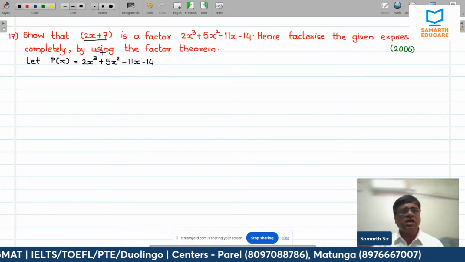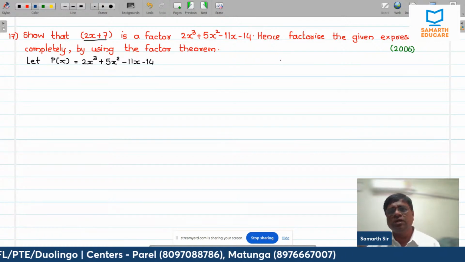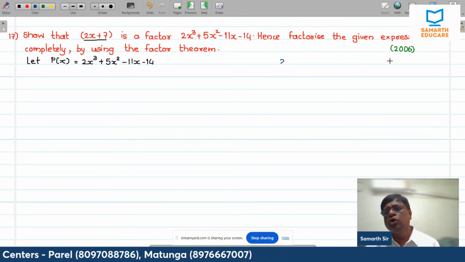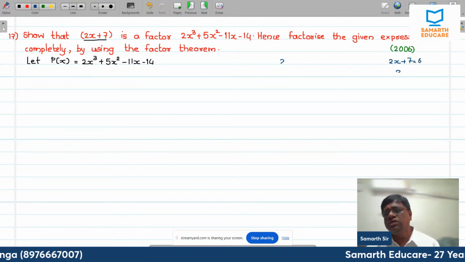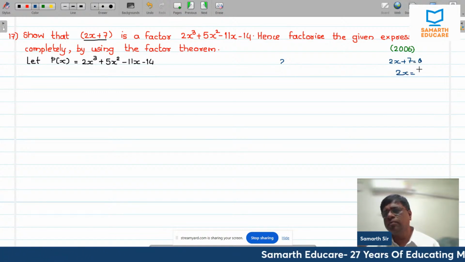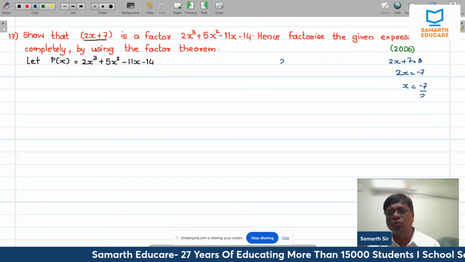Now he's asking to check whether, or to prove that, this is a factor. So taking 2x plus 7 as 0, the value of 2x becomes minus 7, and the value of x is minus 7 upon 2.